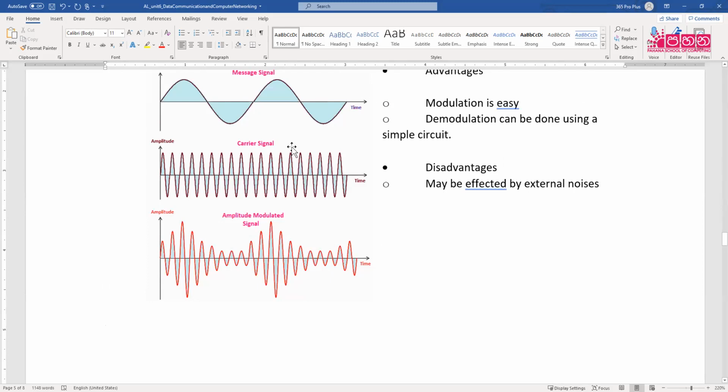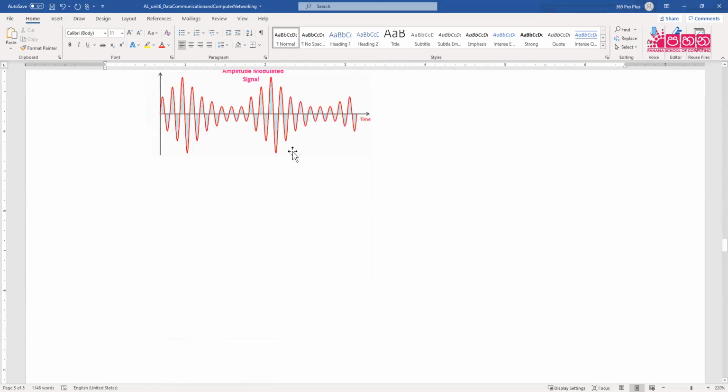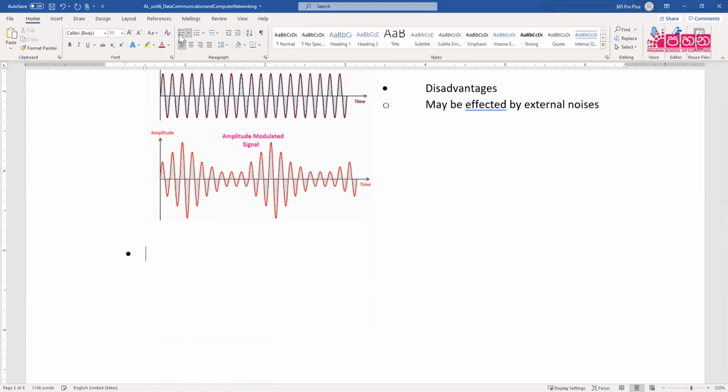Right. So that's about amplitude modulation.